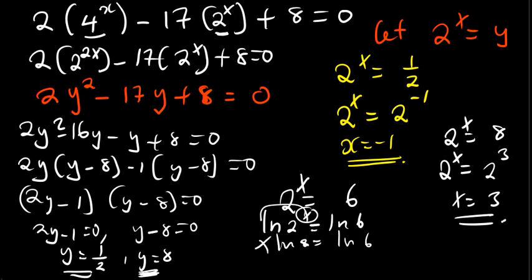Then you divide both sides by ln 2. In such a case, if you can't make the base the same, the answer becomes ln 6 divided by ln 2. That is the answer. Okay, so that is it for this question.